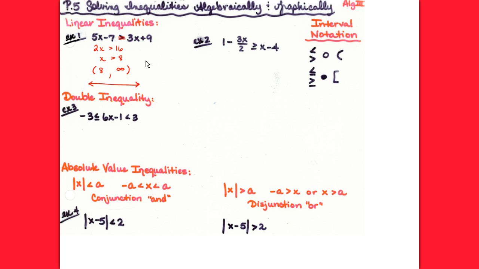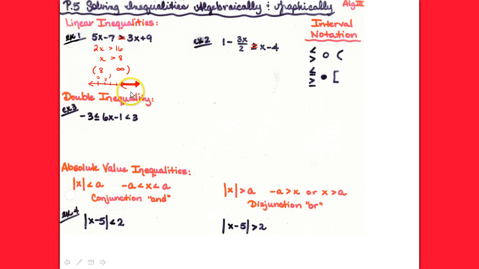Okay, why do they have me learn this whole new notation, new way of writing this? Because interval notation very closely mimics what your graph is going to look like. If I were to graph this, when we did this in Algebra 2, we would have put an open dot on 8. So what we're going to do is put a parenthesis there instead, because again, the open dot and the parenthesis are the same.